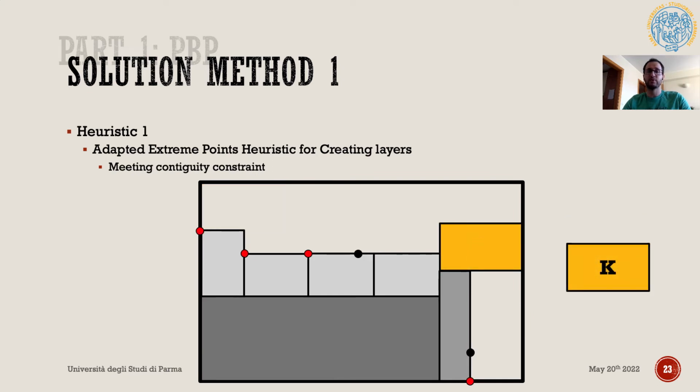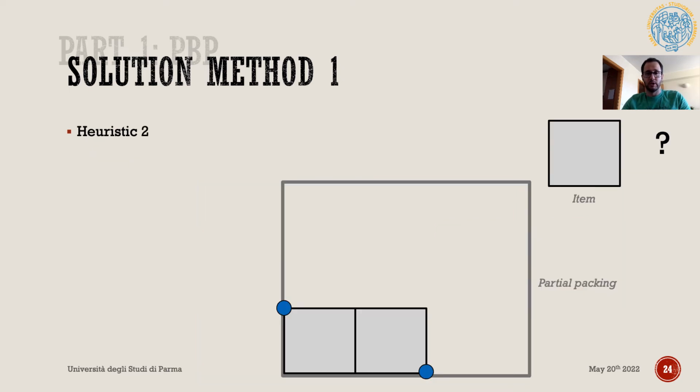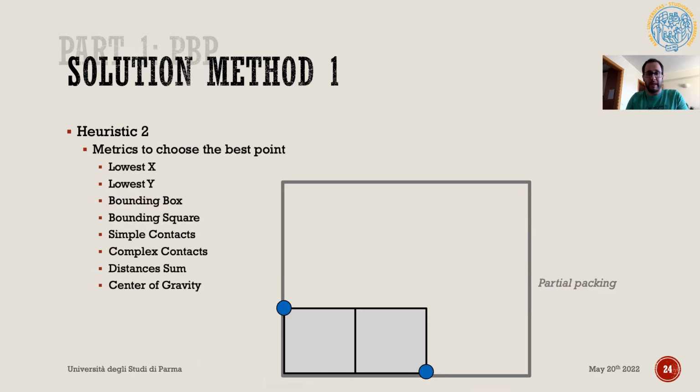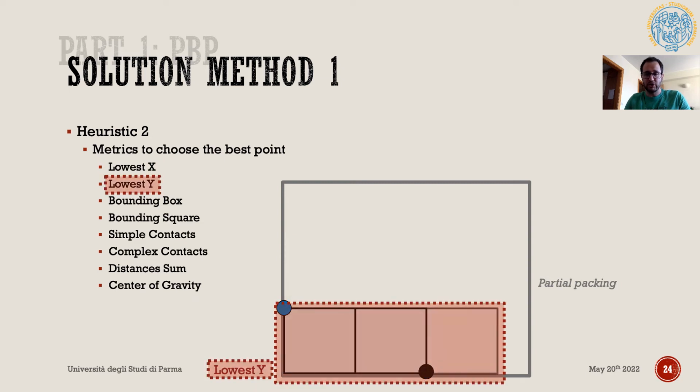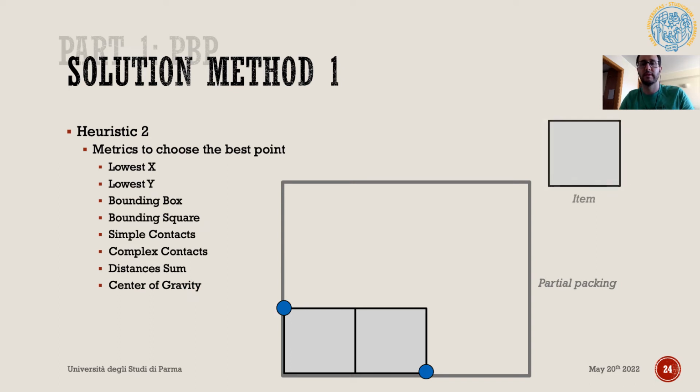The same goes for the contiguity analysis, and the set of black points is updated, right? Now, given feasible extreme points, which one is the most suitable? So we use metrics to evaluate each of them when placing the item at that point, and we've implemented this list of metrics, right? Center of gravity.